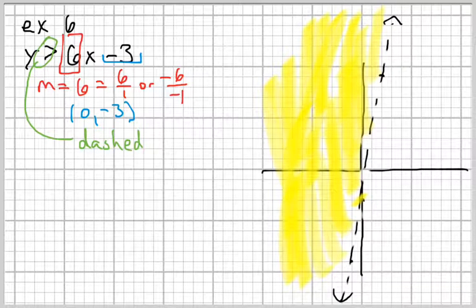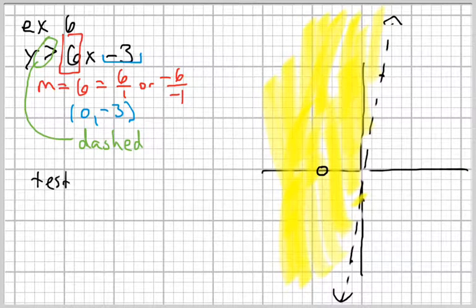A test point here is a little more difficult because it's a little hard to tell whether (0, 0) is on the line or not based on this graph. So let's pick a test point that's clearly not on the line. So this guy right here, that is a, sorry, negative 4, 0.